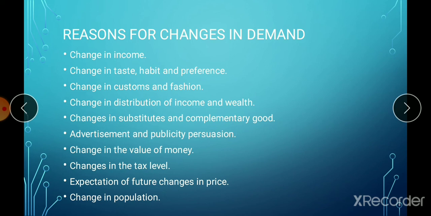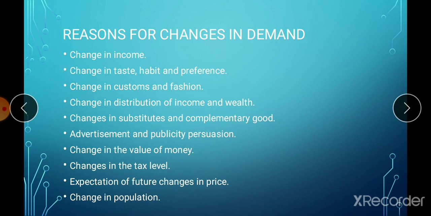And changes in the tax level. When the government changes its tax structure, especially direct tax, the disposable income changes, which may lead to changes in the overall demand. For example, if a government takes a decision to decrease the direct tax, the holding of money by the people increases.